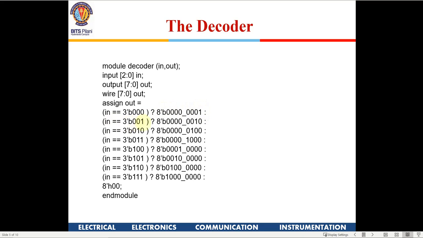Similarly, if this condition is met, that is 001, that means the control line what we are giving, that is the select line or the control line, whatever you call it. So if you give it as 1, the next line will be going high. So this is how an if condition is used to get the desired output of the decoder.